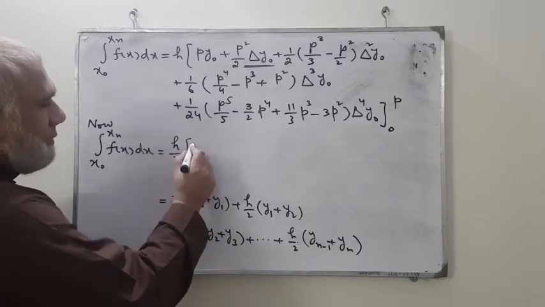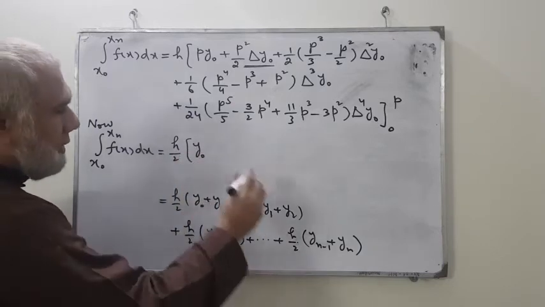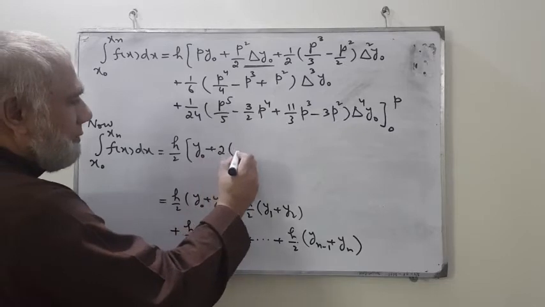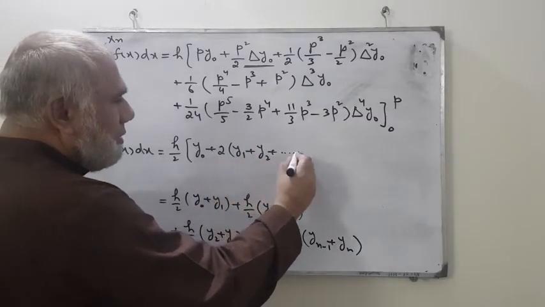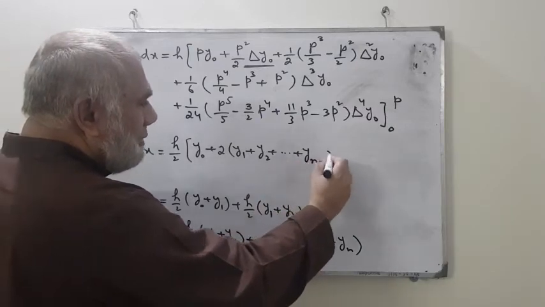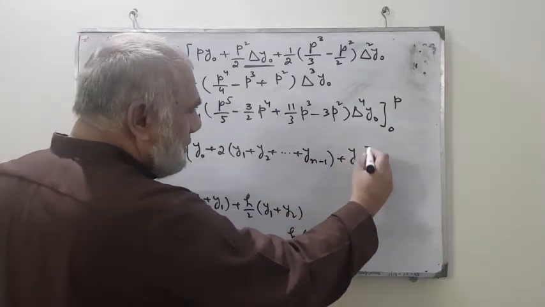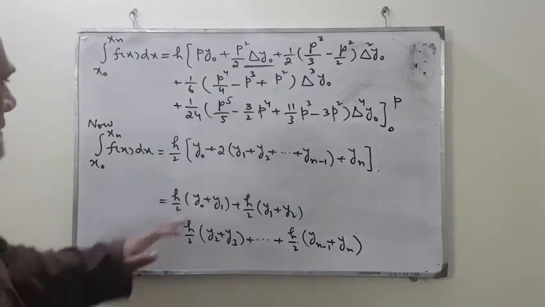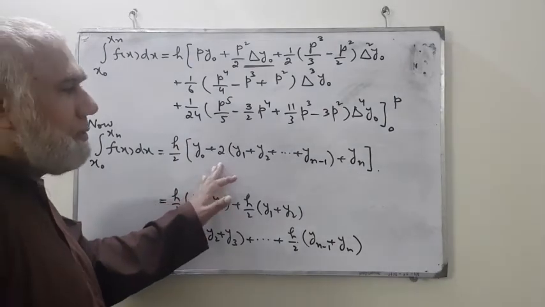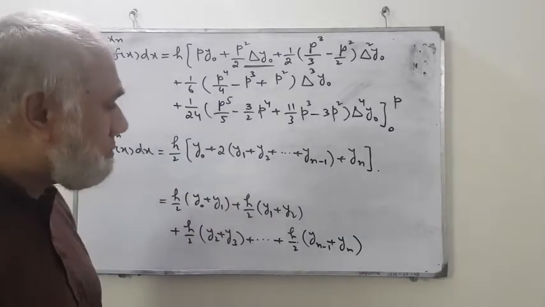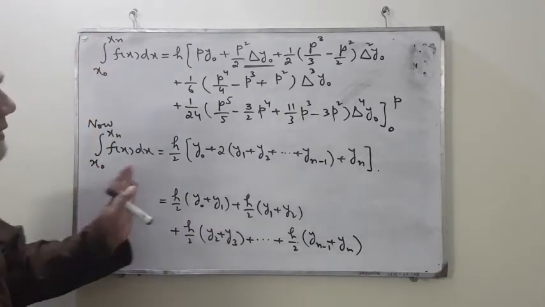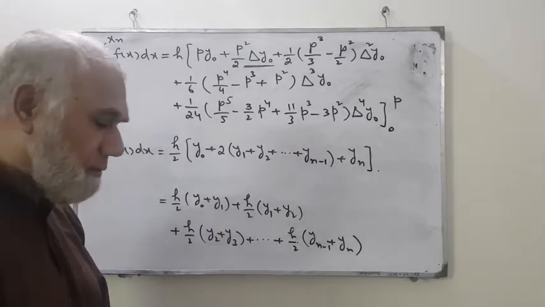Inside I am taking the first term as it is, and all the terms in between are multiples of 2. So we can write down y1, y2 and so on up to y(n-1), and the last term as it is. So this becomes your first formula and is known as the trapezoidal rule. And here we have just given the construction of this formula.